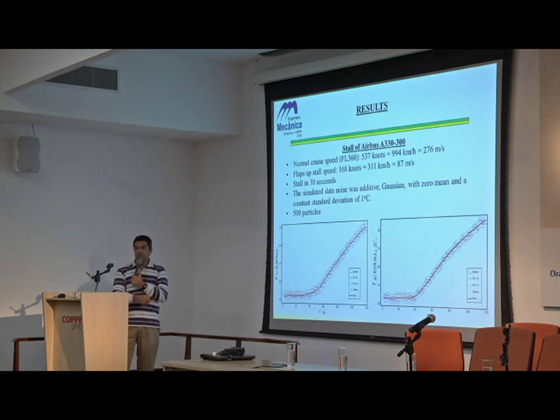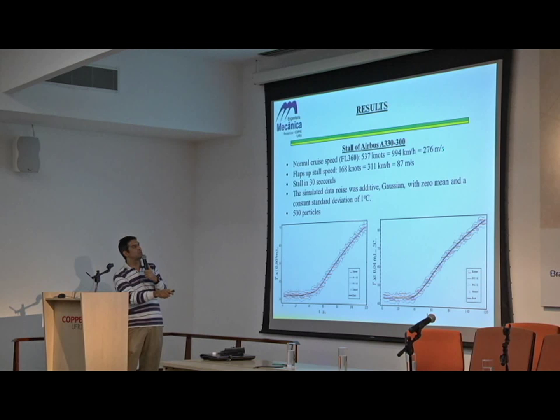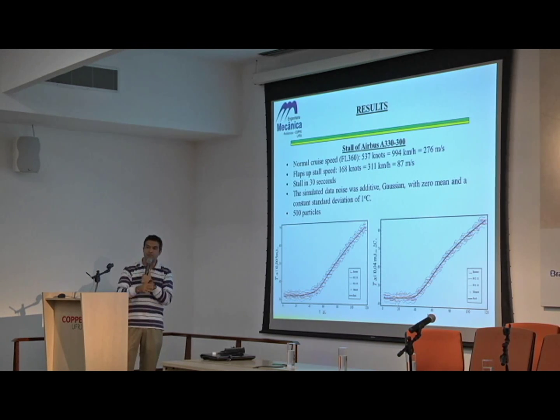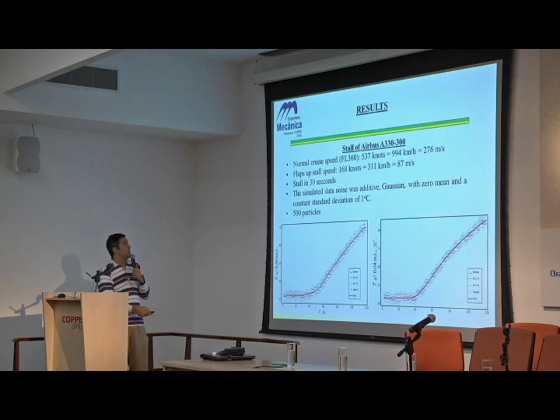The other case that we have run was considering the stall of the Airbus. We thought about a test case where the airspeed would drop from the normal cruise speed of 276 meters per second to a very dangerous stall situation of 87 meters per second, with flaps up.